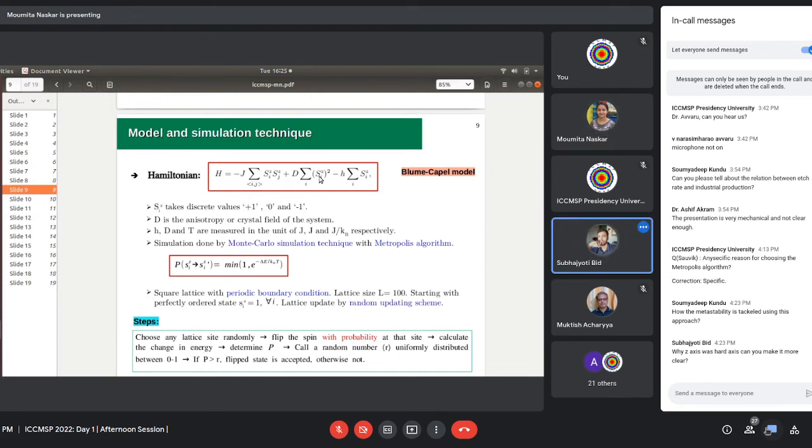The energy corresponding to the spin 0 is a minimum here. So the spins try to align in a different direction, perpendicular to the z direction. That means the spins try to acquire the zero state, rather than the plus 1 or -1 state, like the Ising system.